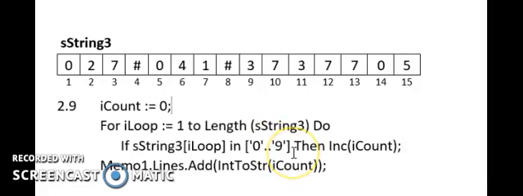If I asked you in a theory question what that code is doing: it's checking a character to see if it is a digit, and if it is a digit, it increments the count. So we would just have to count how many digits there are.